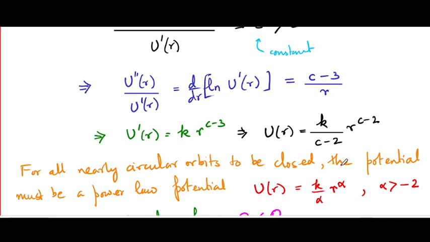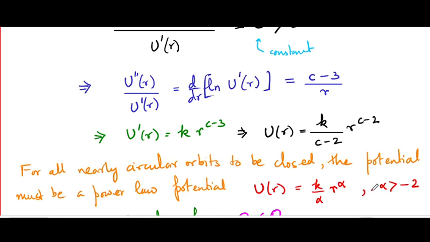And in order that this potential be attractive, you want k to be positive, irrespective of whether alpha is positive or negative. Note that if alpha is negative, the magnitude of the potential will decrease with r, but you want the potential to increase when you increase r. And that's exactly what happens even in that case, because then the k over alpha, constant in front, is negative, just like our minus k by r.